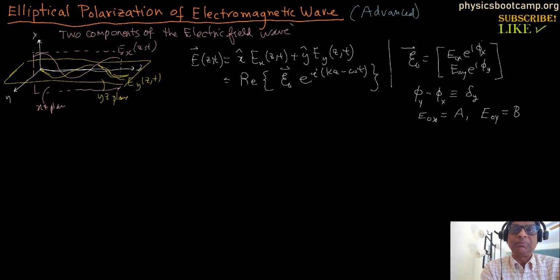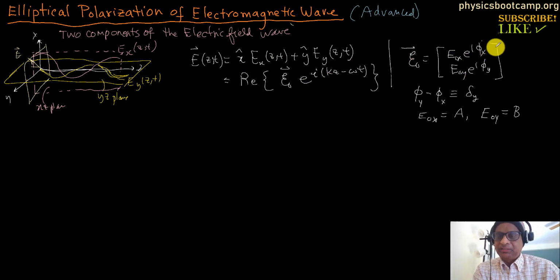And the net electric field, if I'm at this plane, may look like that. That may be the net electric field wave. And because it's the vector sum of these two waves, I'm writing the vector notation within a column, using the column just for organizational purposes.